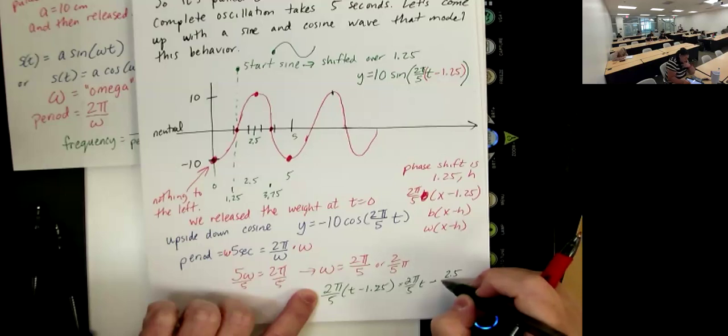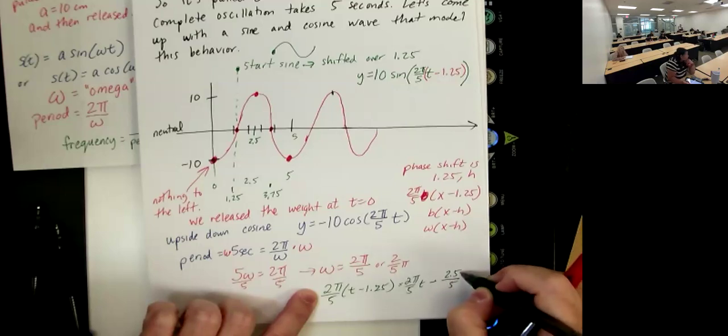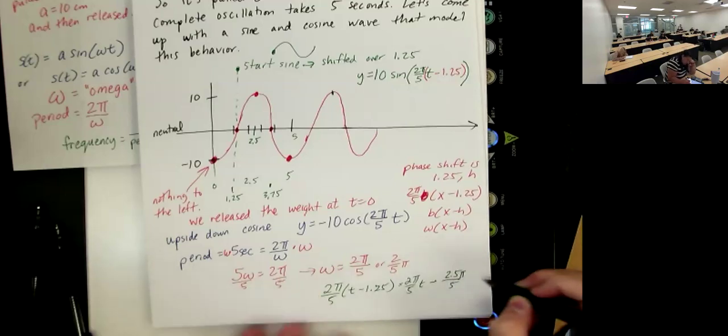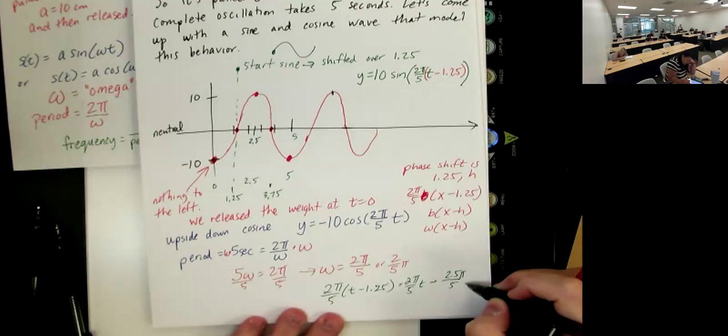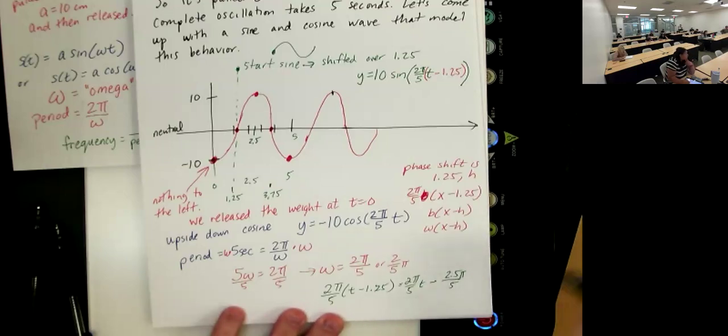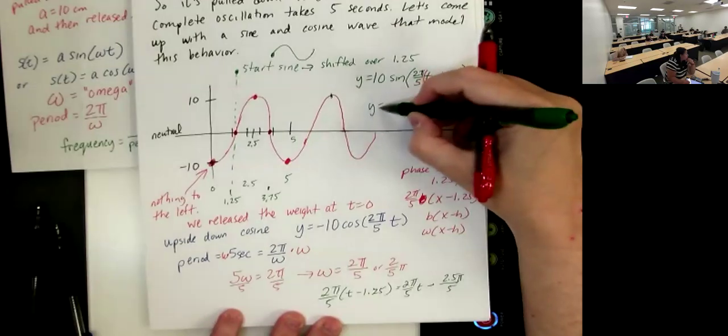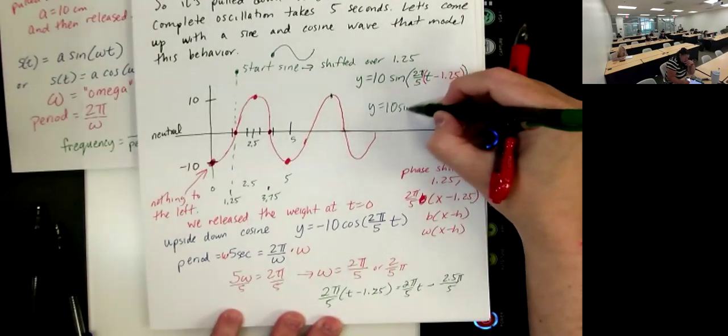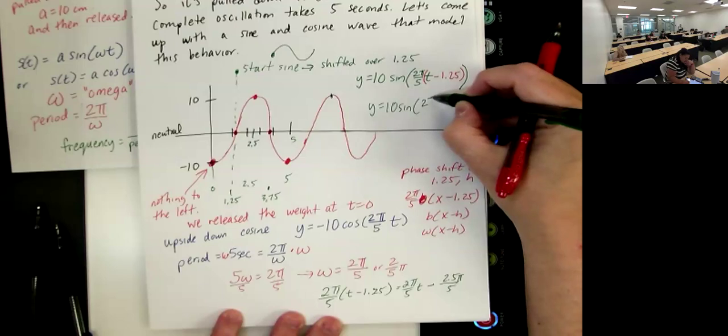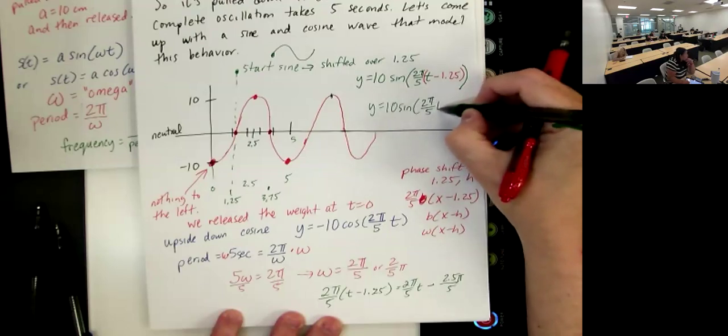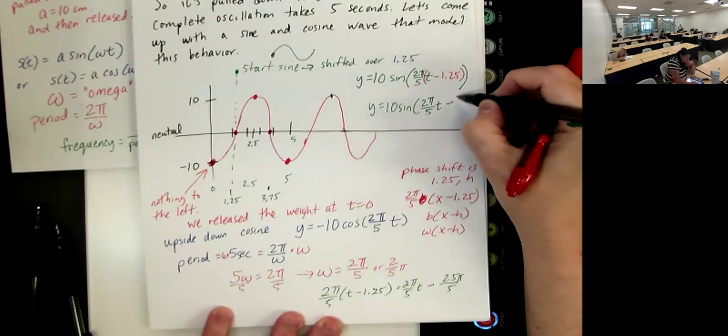And on bottom I have 5 pi, which should just be 1/2 pi, right? So I could write this as y equals 10 sine of 2 pi over 5t minus pi over 2.